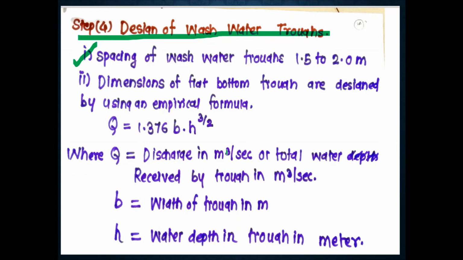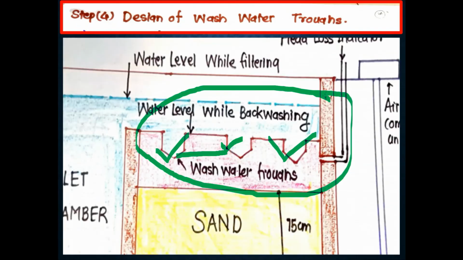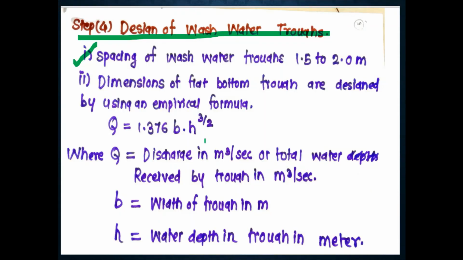Then the dimensions of flat bottom troughs are designed by using an empirical formula. The shape of the trough is trapezoidal, but its design is quite complicated. We have to simply design the flat bottom troughs, meaning it has a width and a proper depth. Simple design we have to use, and that simple design is known as the flat bottom trough. We are going to design this type of trough.